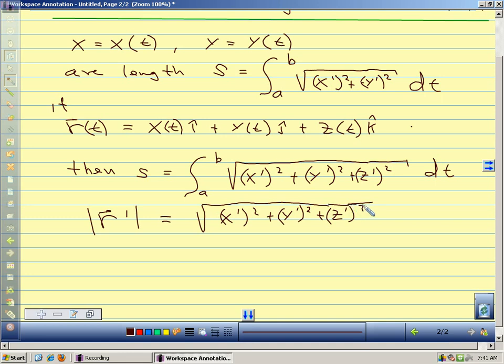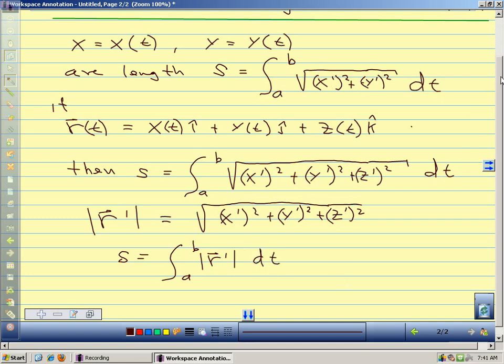So we can write our arc length for a vector valued function, s equals the integral from a to b of the magnitude of r prime dt.